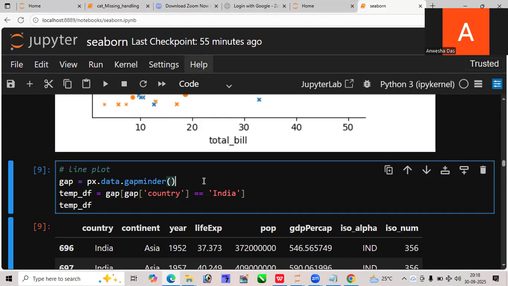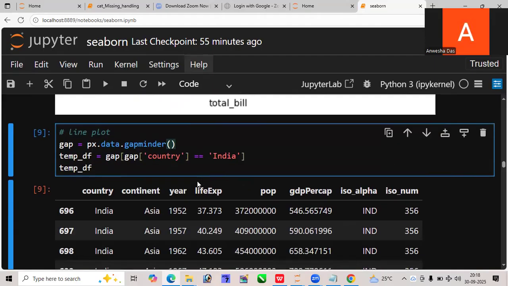That data I loaded from Plotly. In that particular data, I only want India. There are a lot of countries here. If you see the country column, you can find almost every country. So here I choose only India.